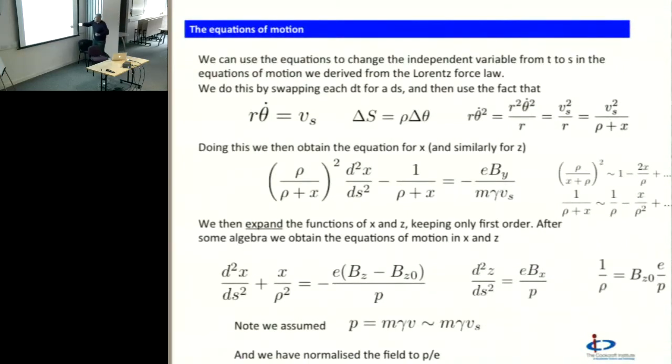So we then have this bit and this bit, and we're interested in linear differential equations for x and z, our variables. These are not linear in x and z because there's complicated x dependence. So the next thing we do is expand our equations out for x and z and only keep the linear parts of those equations.